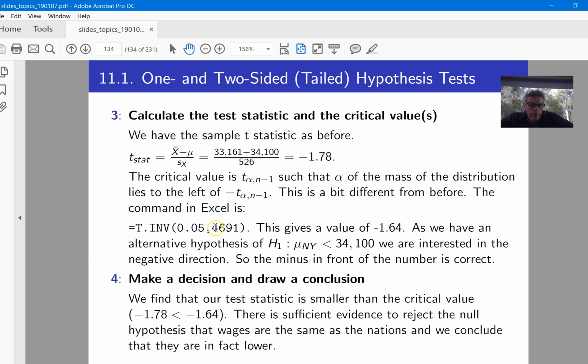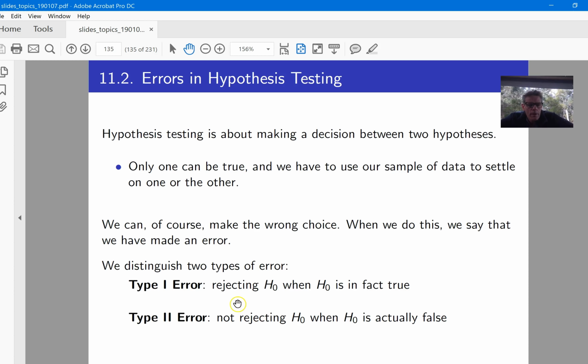There's a lot more than that living in that country. It's just a sample. It's possible that this value, this 33,161, doesn't represent the average New Yorker, and that the average New Yorker is closer to 34,100, perhaps even more. And so we may have made a mistake when we came to the conclusion that they earn less. That may have been wrong. If we make that mistake, we're rejecting the null hypothesis when it's true, and we've made what's called a type 1 error.